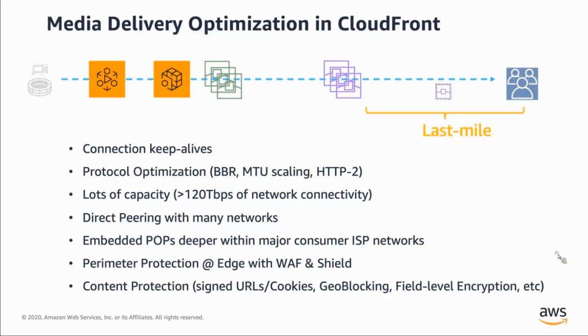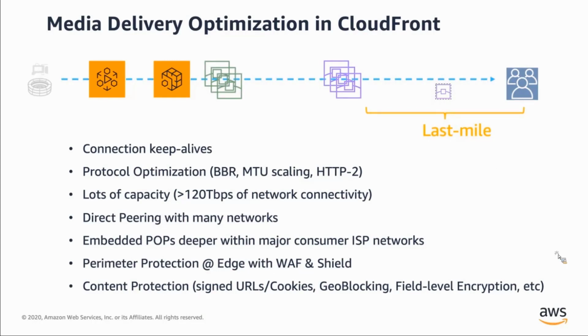Couple this with some perimeter protection offerings like Web Application Firewall and Shield, so that you can move your network and DDoS and attack mitigation surface out to the edge of the network, where you can take advantage of all the connectivity and processing power and infrastructure that AWS has.